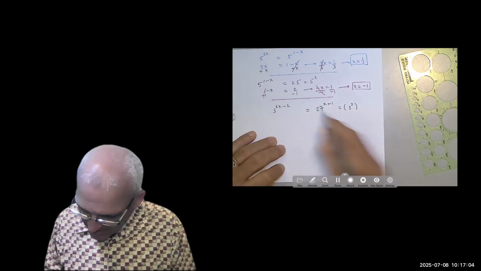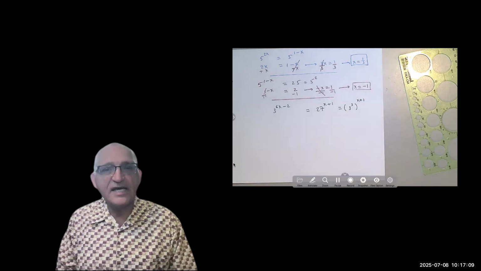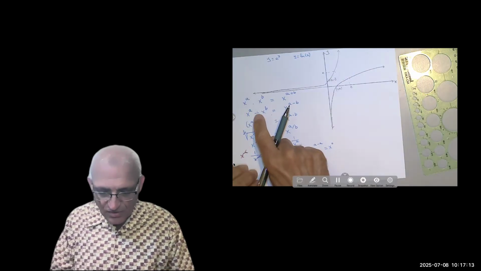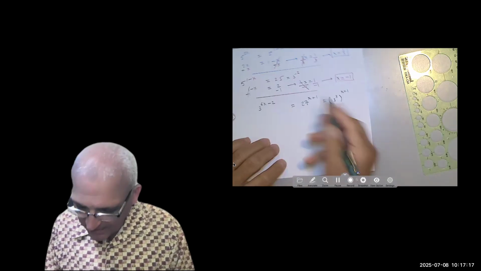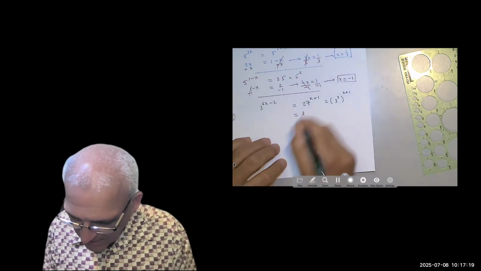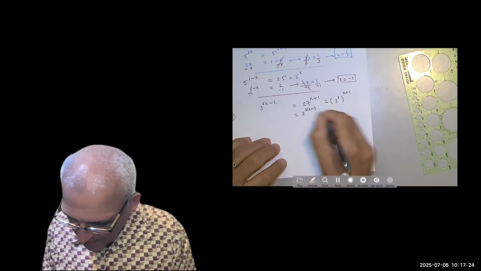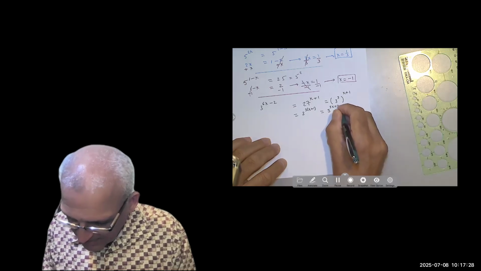And then this 27 is raised to the power of x plus 1. What rule was that? X to the a, everything to the b is x to the a times b. So I can now simplify the right-hand side and say it's 3 raised to the power of 3 times x plus 1, or it's 3 raised to the power of 3x plus 3.